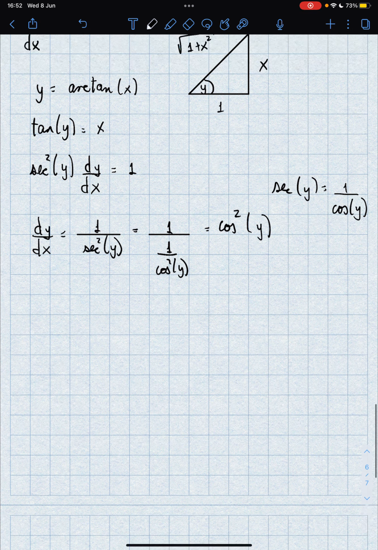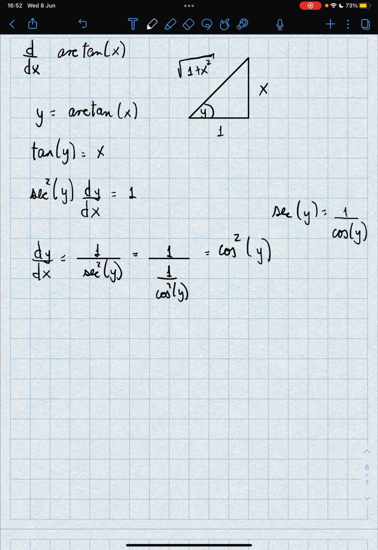And what is cosine squared over here? As you can see, it's gonna be this expression.